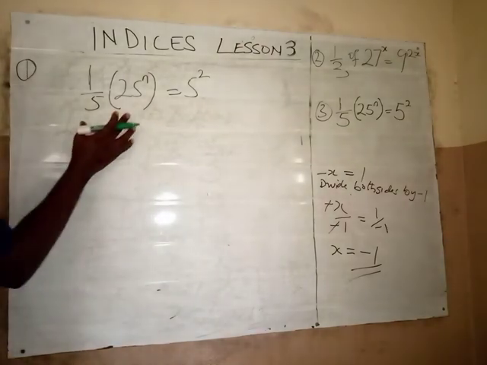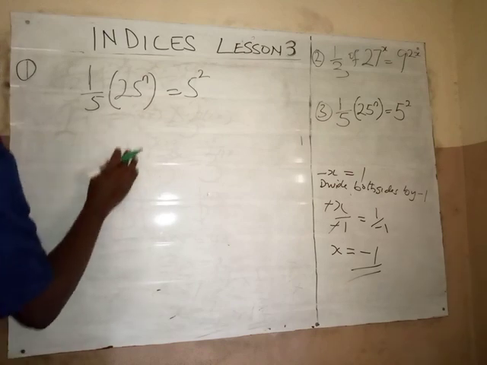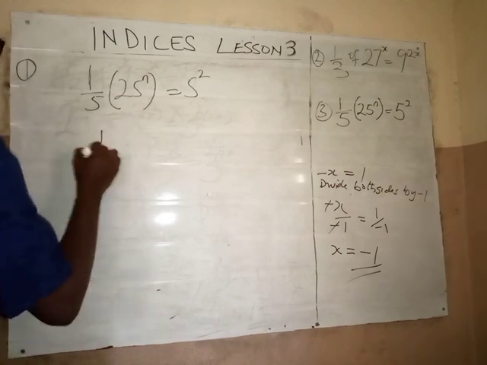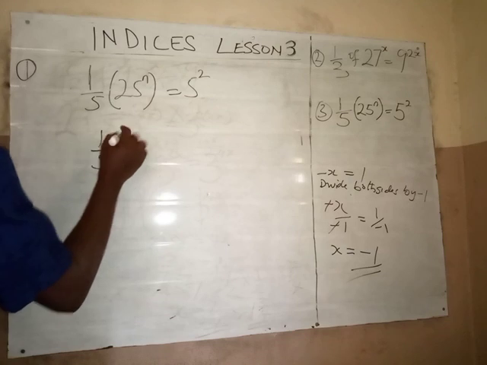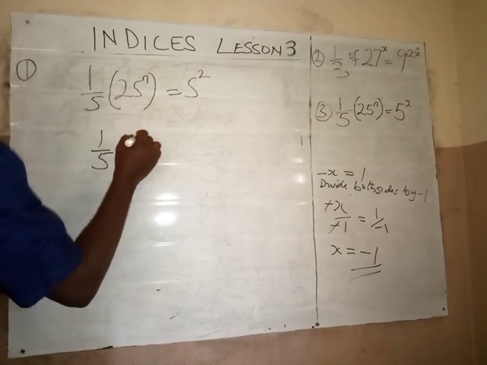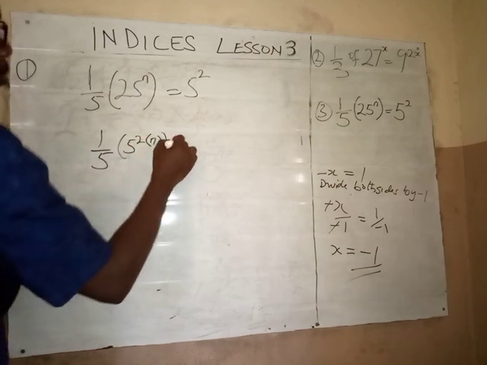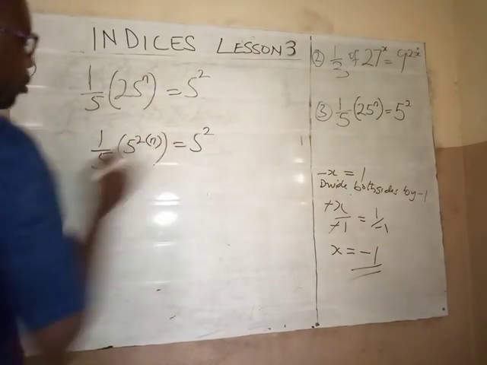So what will happen is you can bring them to the same base: 1 over 5 times 5 raised to power 2, which is 25, multiplied by n, is equal to 5 raised to power 2.